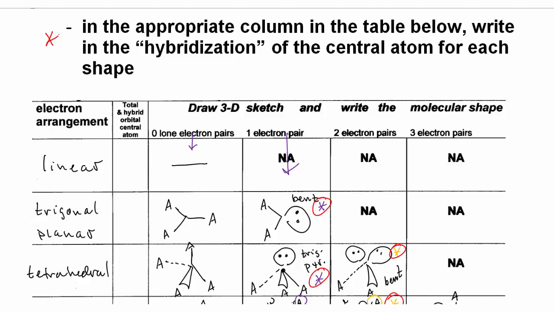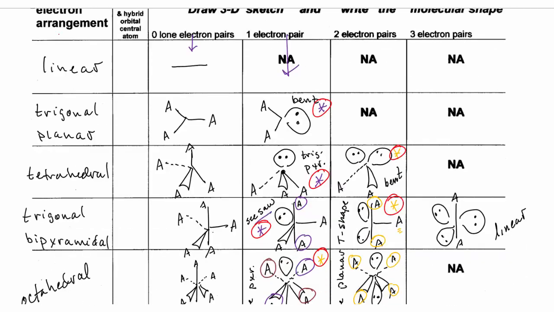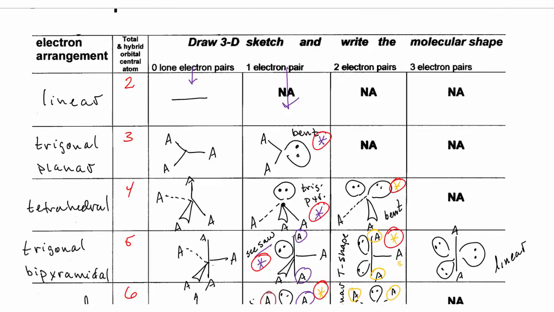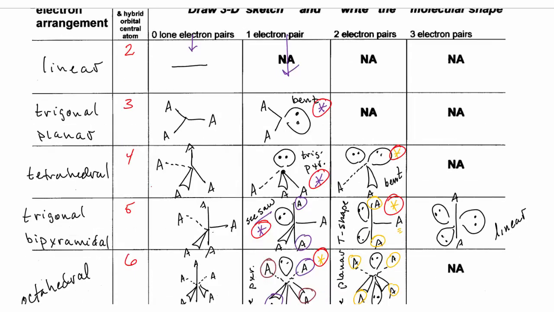And we'll have a complete table here for our valence shell electron pair repulsion theory. In the appropriate column in the table below, write the hybridization of the central atom for each shape. Now this isn't so bad. Let me show you why. We know that our total goes from 2 all the way up to 6. So 3, 4, 5. So electron arrangement has 2 to 6 objects surrounding it, whether they be atoms, bonds with atoms, or lone pairs of electrons.